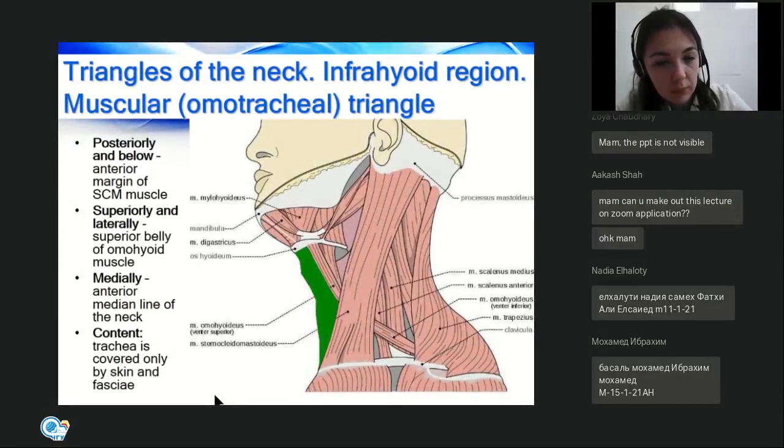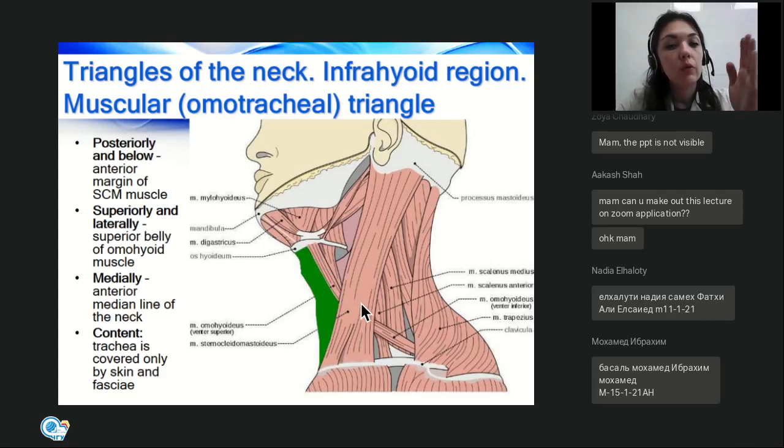Omotracheal triangle, trigonum omotracheale. It is separated from the carotid triangle by the superior belly of the omohyoid muscle. So it lies in front of the carotid triangle and below it.